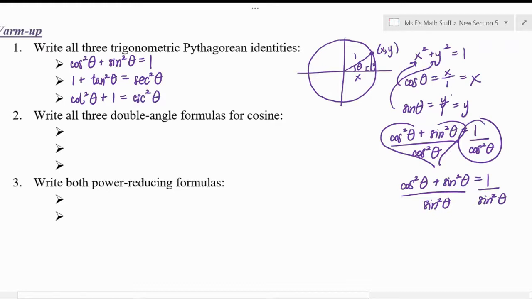Okay. So now that we've got those established, let's move on to double angle formulas for cosine. We didn't use these as much as the other ones last year in pre-cal. So let's see. If you didn't remember these, could you remember the sum formula for cosine? That is equal to cosine of your first angle times cosine of your second angle minus sine of your first angle times sine of your second angle.